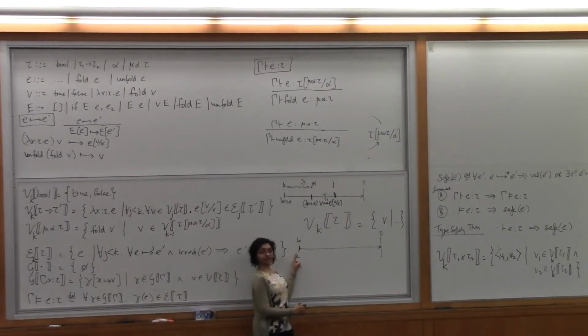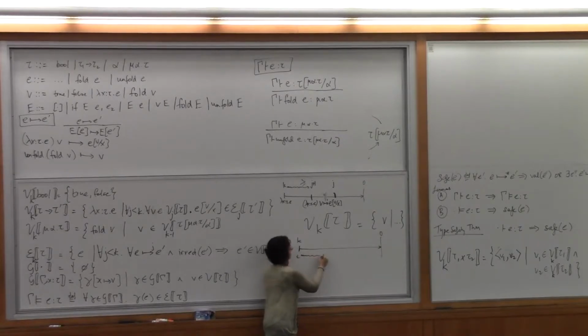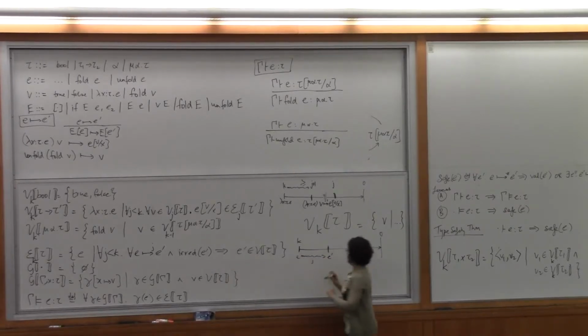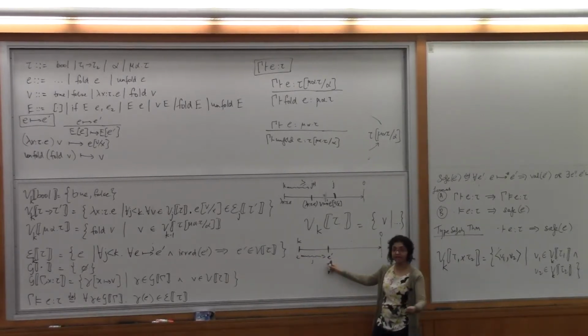So right now we have k steps. Suppose that this E is not a value, and it eats up an actual budget of j steps to get down to something that is irreducible, which is my E prime in that figure. After that, I can't reduce it anymore. I can't take another step.